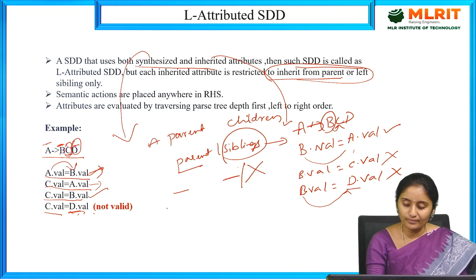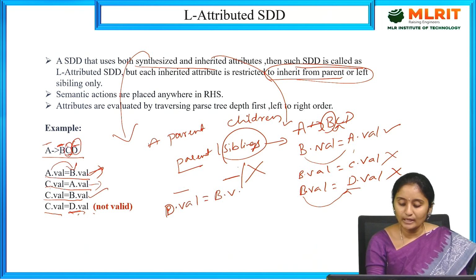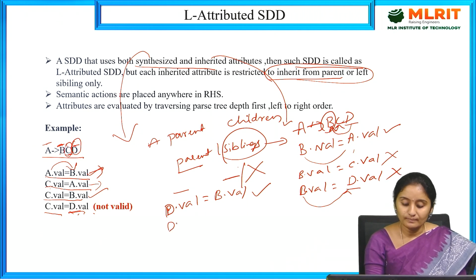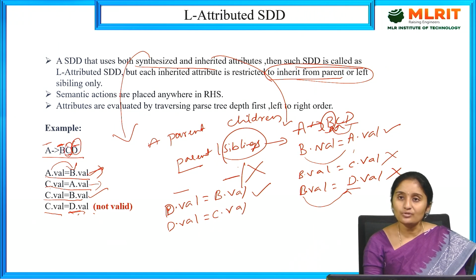One more. D.val is equal to B.val. It is valid. Why? Because D is the sibling inheriting the values from the left sibling. B lies on the left side of D. So this is valid. D.val is equal to C.val is also valid. Why?